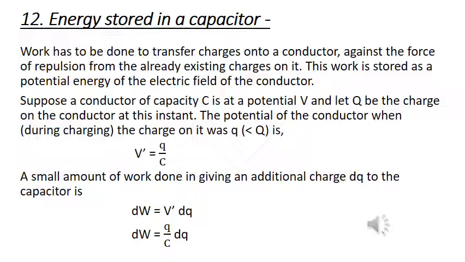So we can write the value of the very small work done dW in giving an additional charge dq to the capacitor. dW is equal to V dash into dq. By putting the value of V dash, we get dW is equal to q by C into dq.